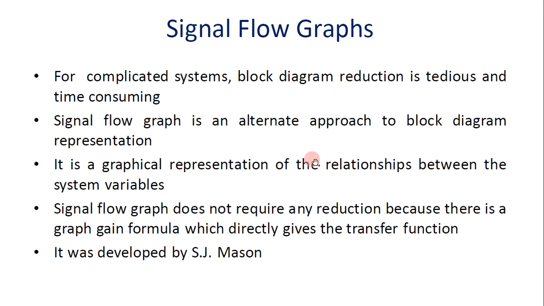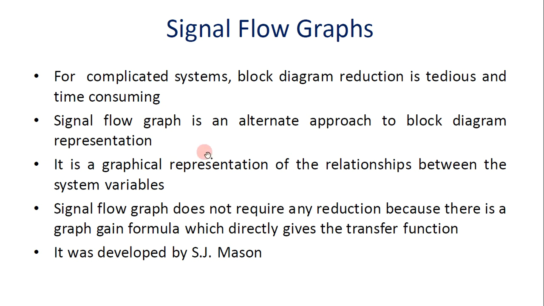For complicated systems, block diagram reduction is very difficult and time consuming. So the signal flow graph is an alternate approach to block diagram representation. In the block diagram representation, we represent the system using blocks, branch points and summing points. But here it is entirely different.